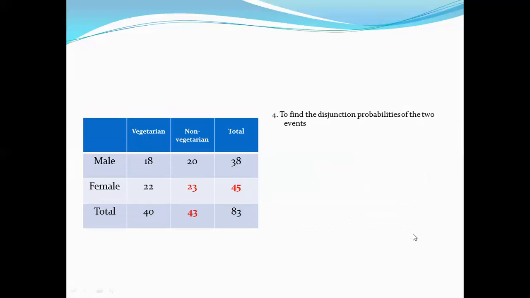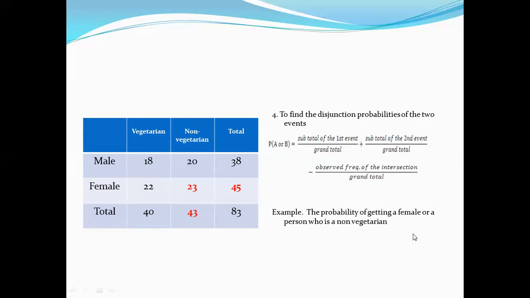Okay, let's go to the last case, which is finding the disjunction probabilities of two events. This time, we encounter the conjunction or. The solution is a bit longer. Let's have this example: the probability of getting a female or a person who is non-vegetarian. The solution is: you get the probability of female, you get the probability of non-vegetarian, minus the probability of female and, at the same time, non-vegetarian.